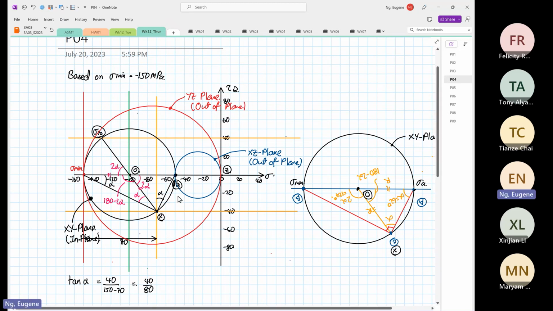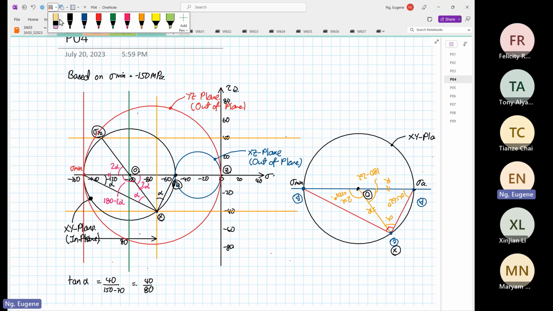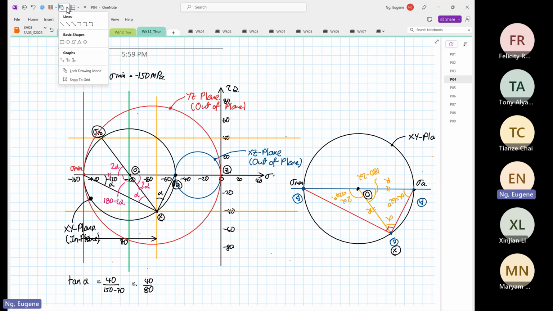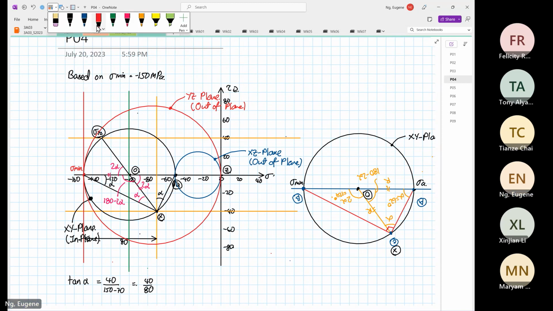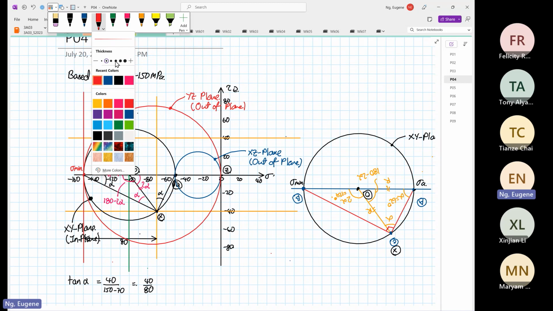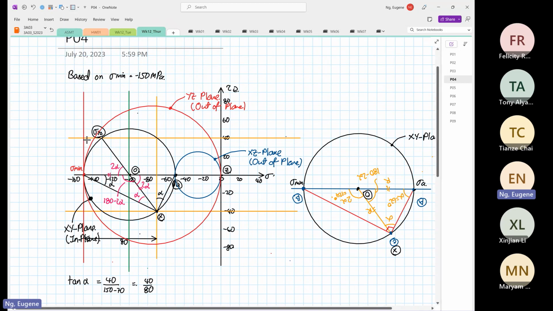So if I were to draw the limits, okay, remember we had those limits. I just put it in just for you to see where the limits are. Not too big. So the limits is here, okay?